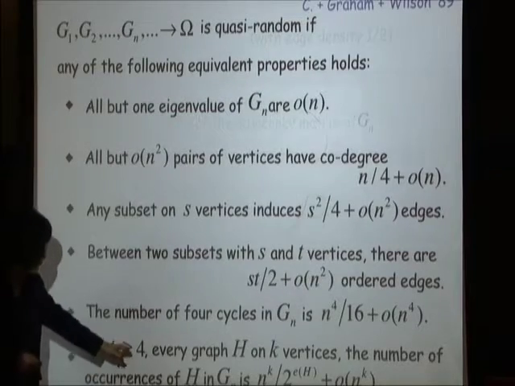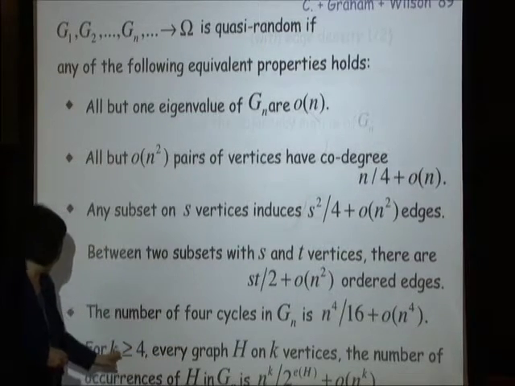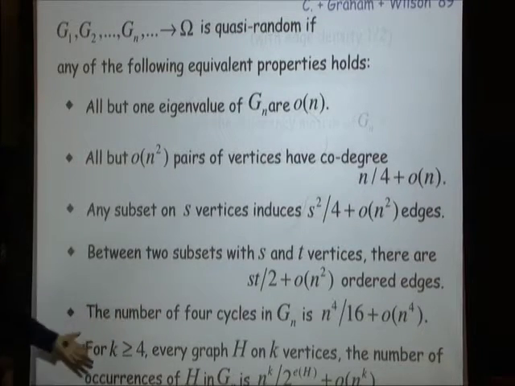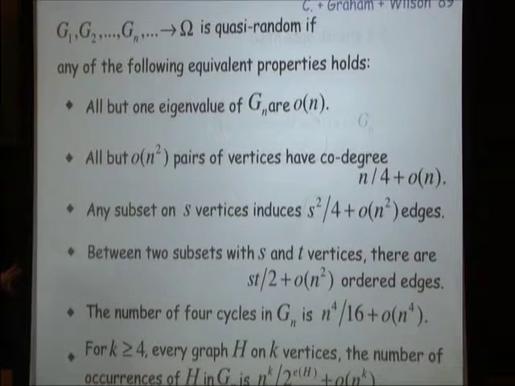And in fact, for any fixed graph H, like the Petersen graph, for example, the number of occurrences of H in G is about right. Some properties seem much stronger than others, but anyway, they are equivalent.